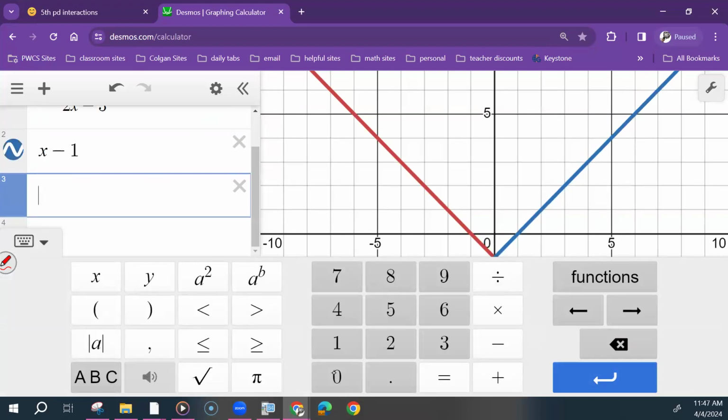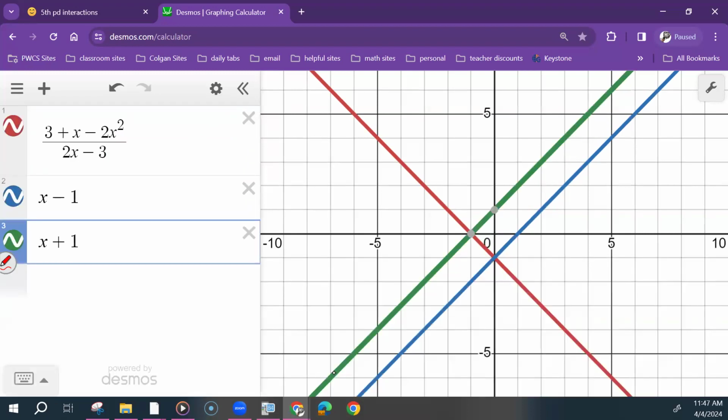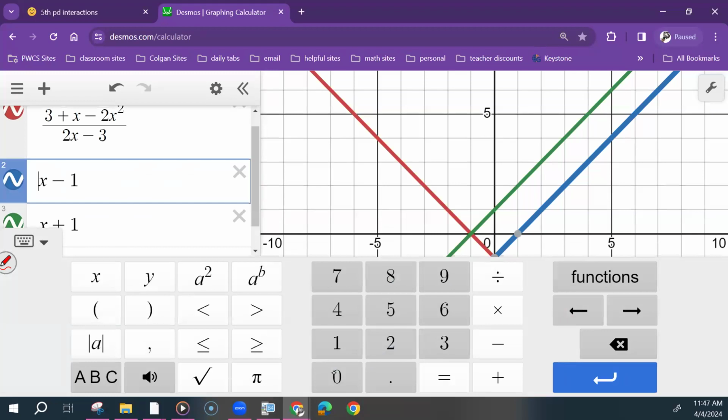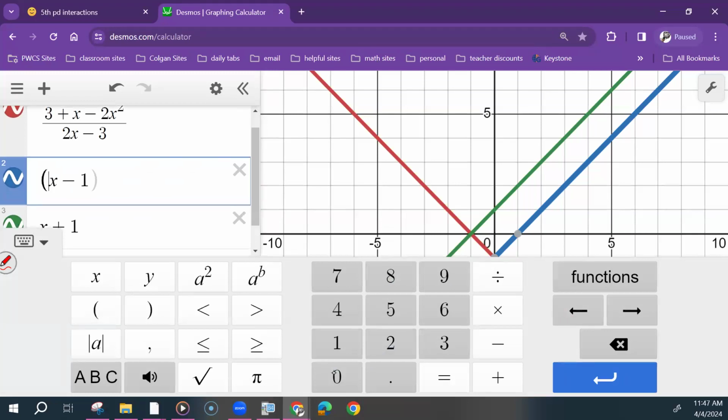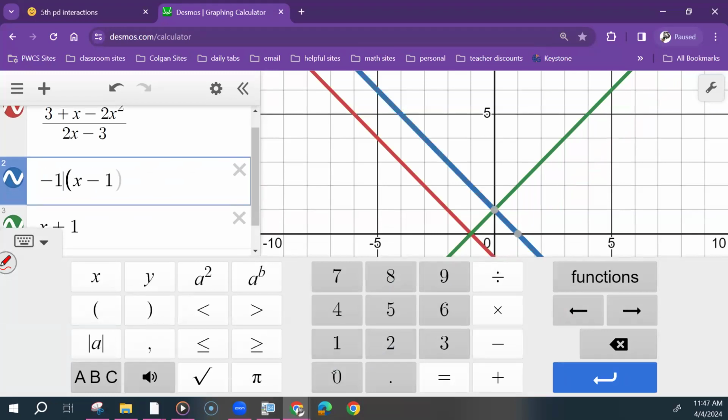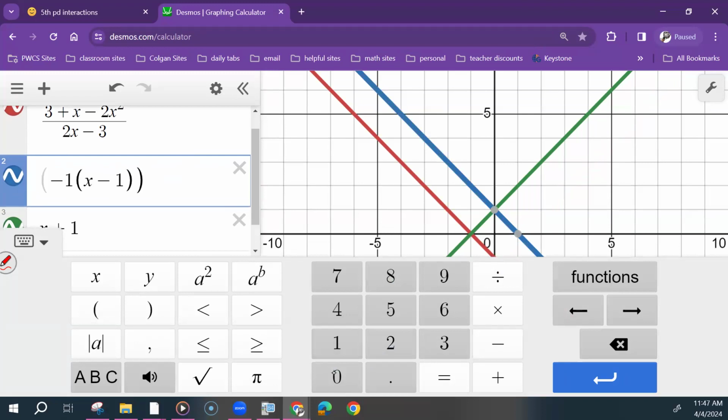Oh, this one, I think, was something that needed to be fixed. It was supposed to be a negative. Because of the way this is flipped around, there would be a factored out -1. So really it's like this. It's really more like this.